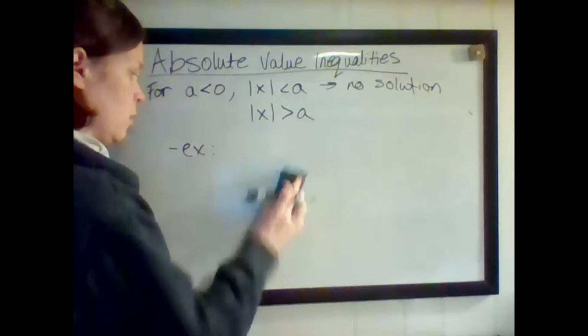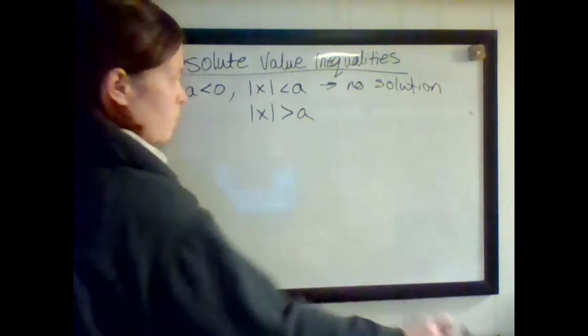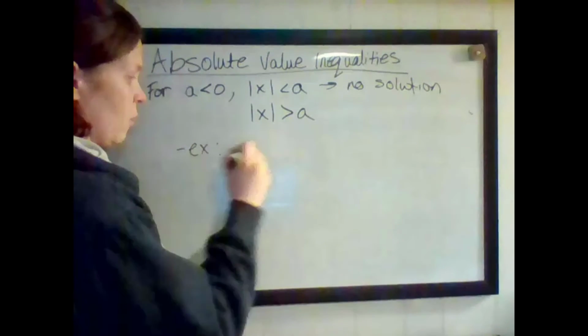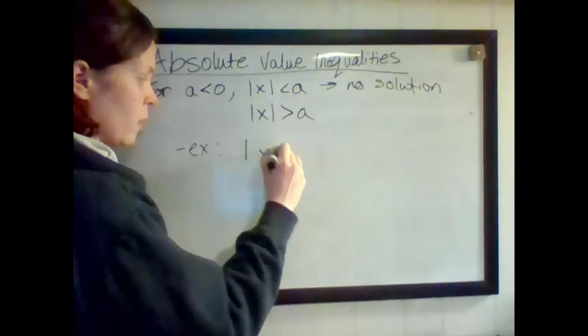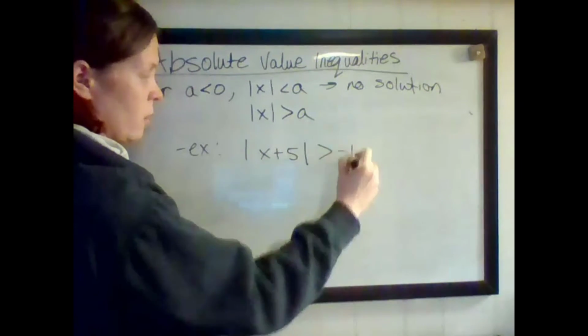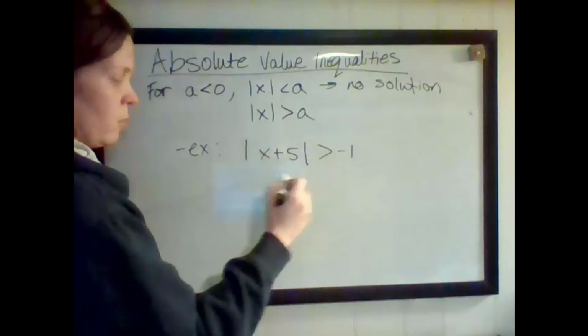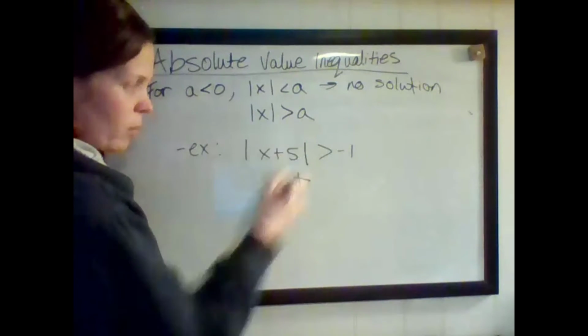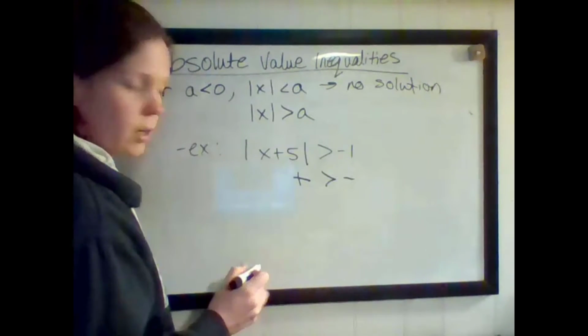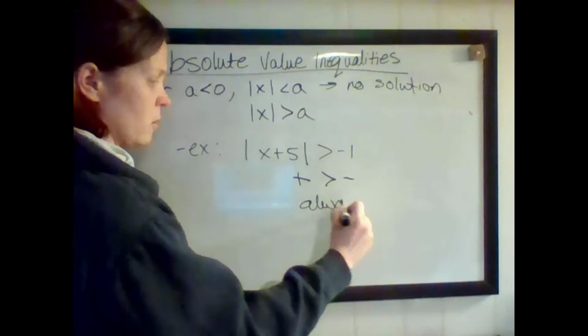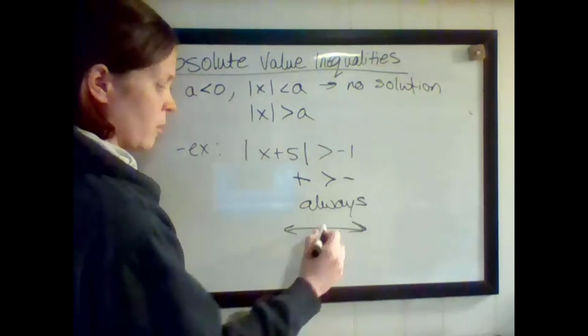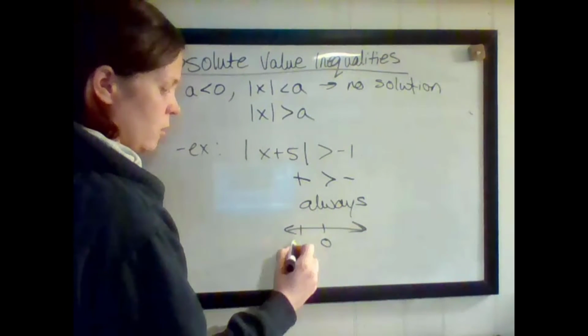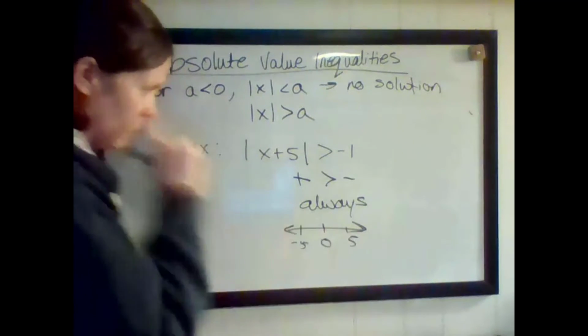Okay. How about the other way? When is the absolute value of x plus 5 greater than negative 1? Again, just think of it. No matter what, this is a positive. When is a positive greater than a negative? Always. Let's think about this. Let's just do negative 5, 0 and 5 again.